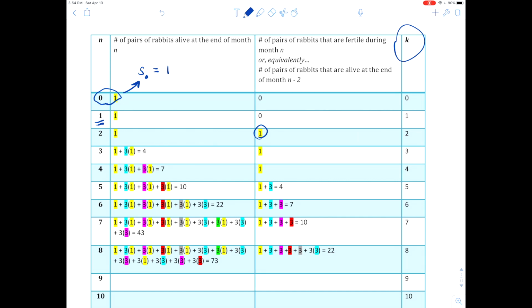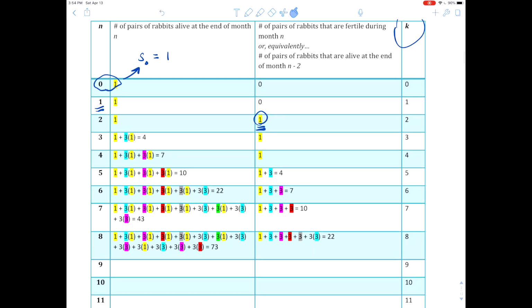So the ones highlighted in yellow represent this very first pair of rabbits. And so once they become fertile, right here, then at the end of month 3, they give birth to 3 pairs of rabbits.